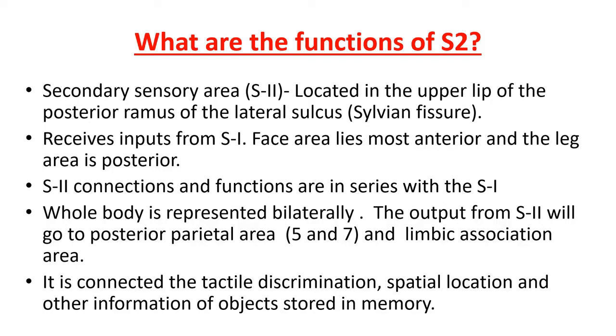That means it acts as a helper to S1. In S2, it is represented bilaterally on both sides of the cerebral cortex. The output from S2 goes to the posterior parietal area, that is the somatosensory association areas 5 and 7.